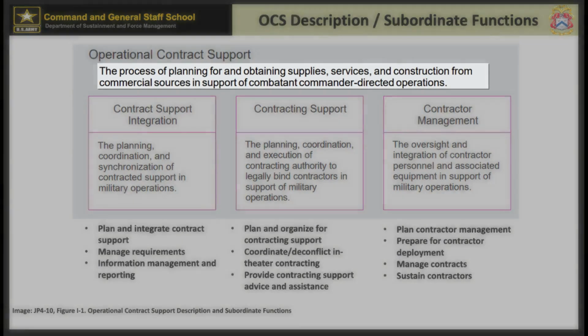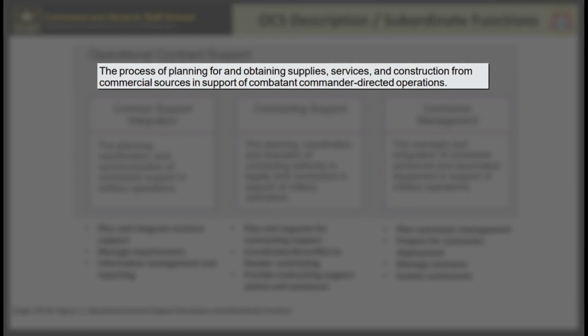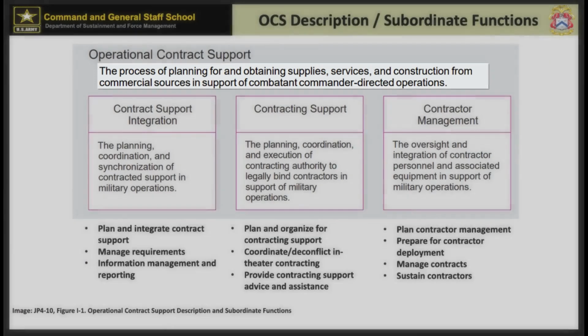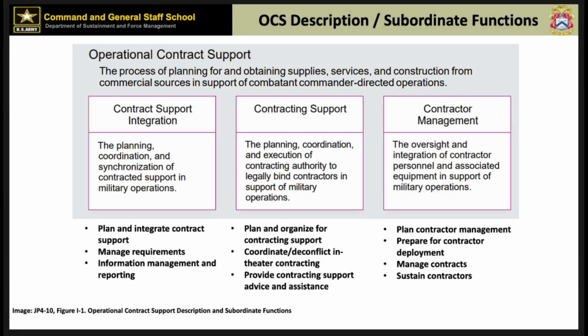OCS is the process of planning for and obtaining supplies, services, and construction from commercial sources in support of joint operations. In our doctrine, we have three subfunctions to OCS. They are contract support integration, contracting support, and contractor management.